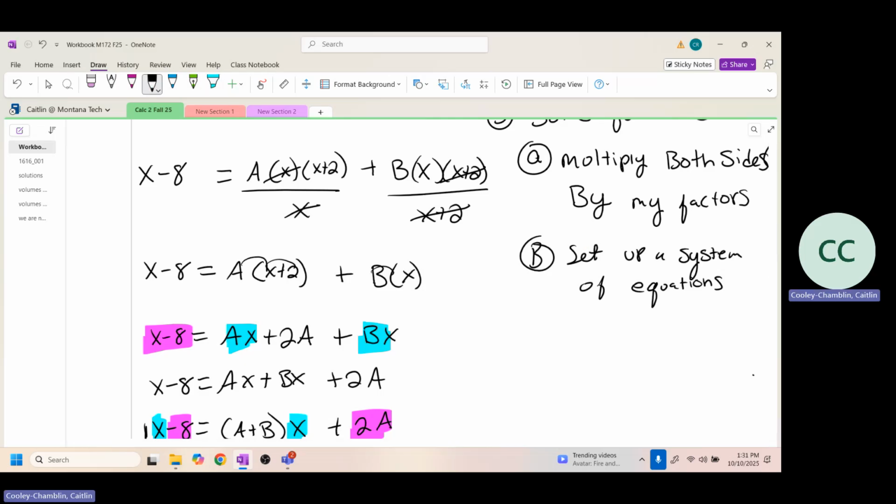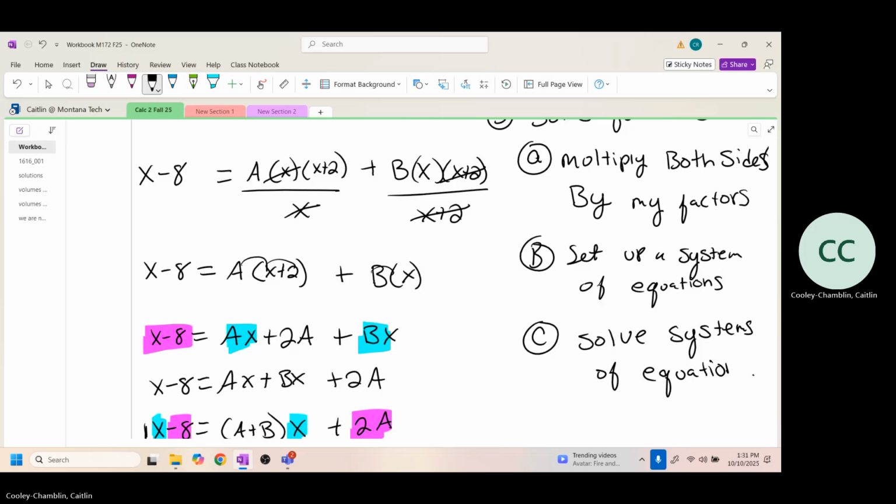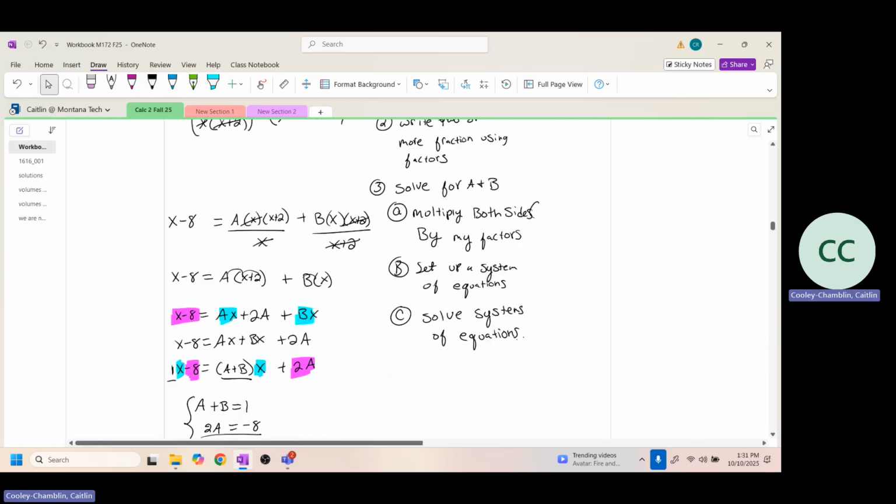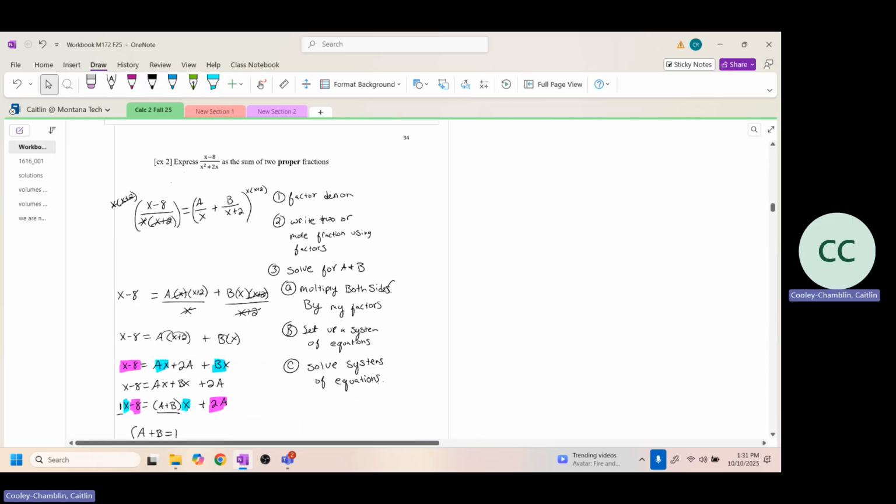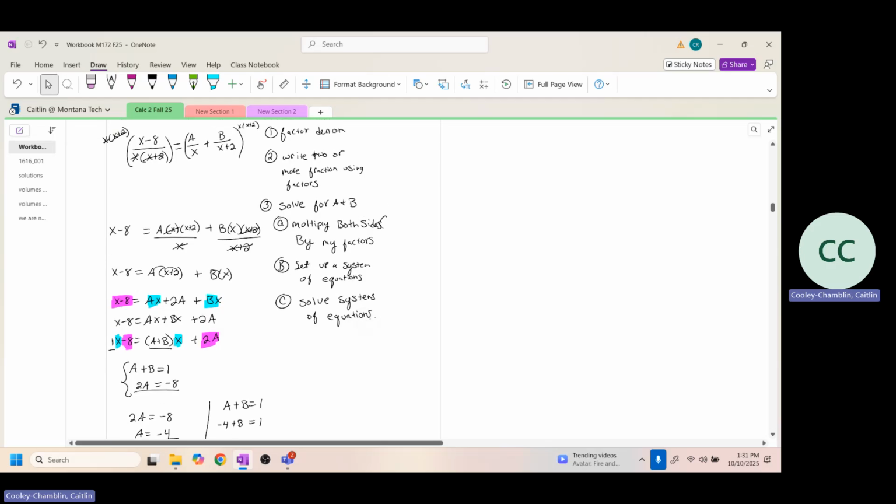So last step, C, solve the system of equations. Okay, so I know this probably felt a little bit like magic. So I'm going to zoom out so we can see most of this whole problem, and let's go through it step by step.